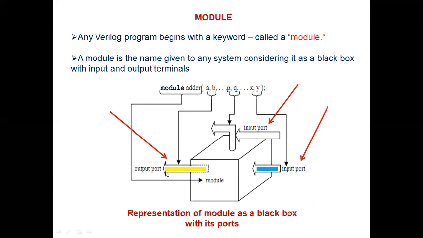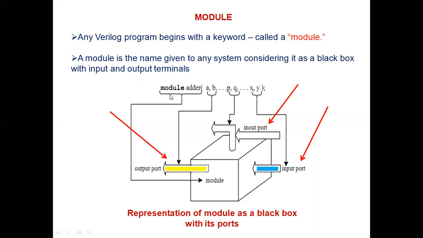Output port means any signal that is exiting from the module, and in-out port means any signal that in some cases may enter into the module and in some cases may exit from the module.